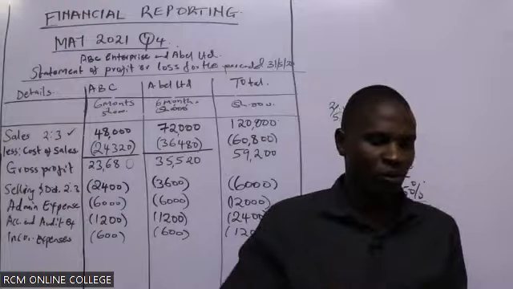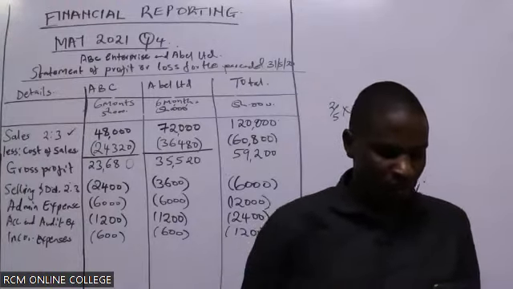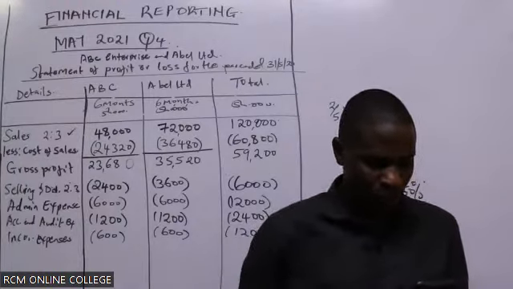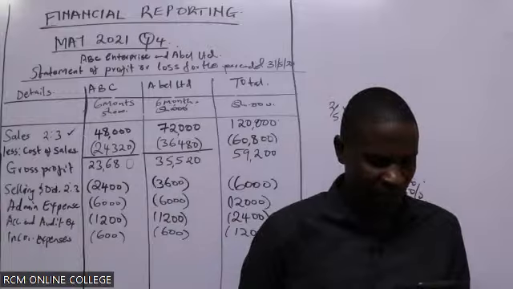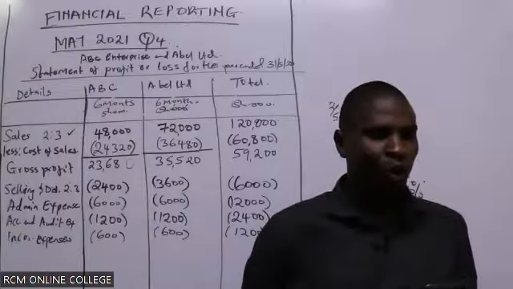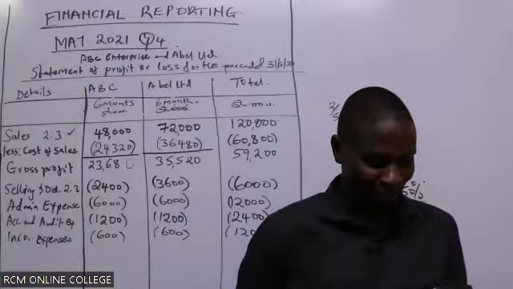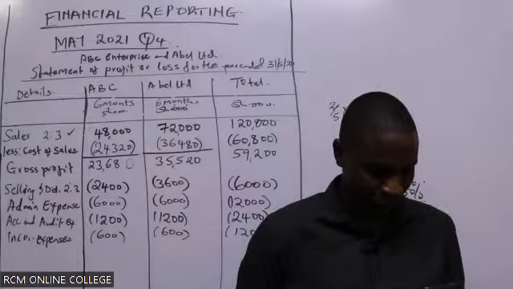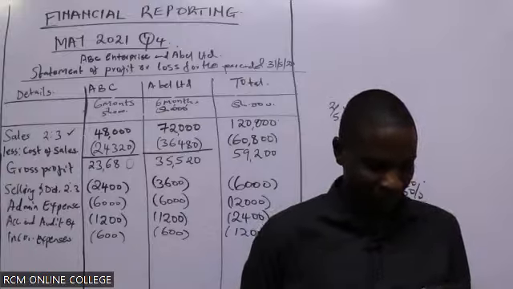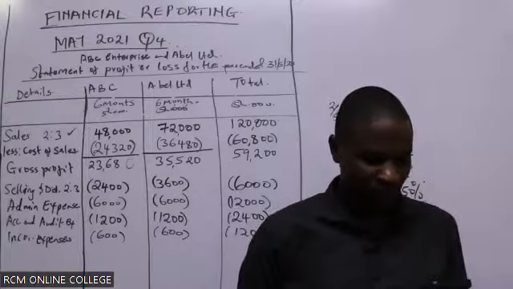Or interest on loan. So I can see interest on loan. Where is it? Additional information number 7. Okay, so it has been hidden there. Let's check. Interest on loan will be an expense.